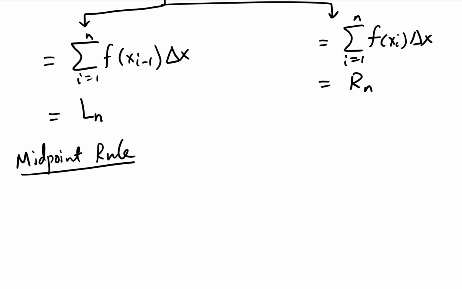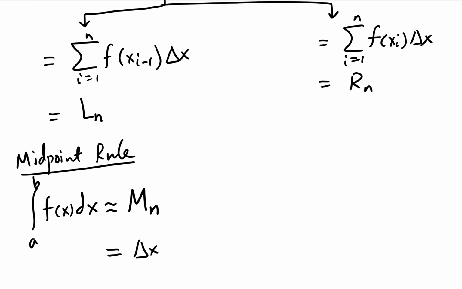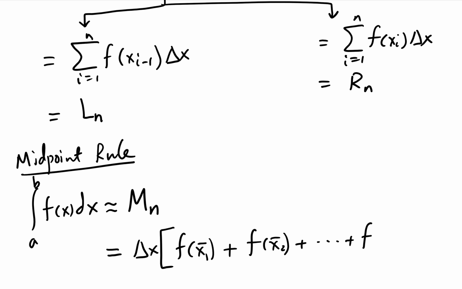So the midpoint rule said you can approximate this integral, let's call it M sub n, M for midpoint, with n rectangles, which equals delta x times, when we factor delta x, f of x sub 1 bar, bar means midpoint, plus f of x sub 2 bar, plus all the way to f of x sub n bar.